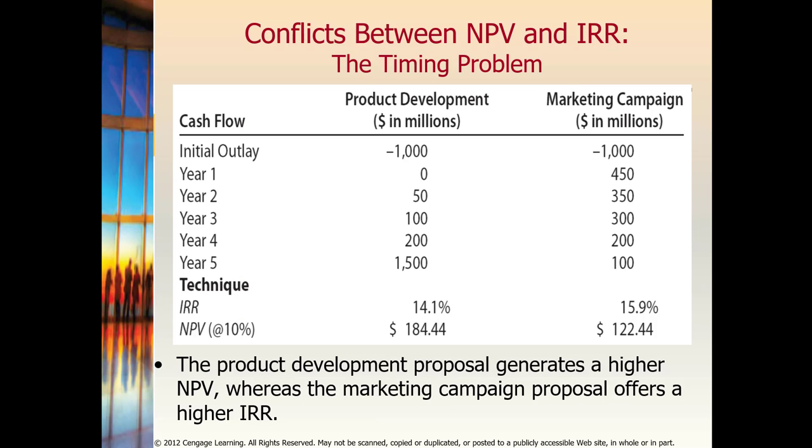In this slide, we'll show you another example. So there are two projects. You can see the initial investment is 1,000 million. For this first proposal, the cash flow did not come in until the second year, and the cash inflow gradually increased. You can see in year 5, the cash inflow is $1,500 million. So there's a timing issue because this project did not create value or cash flow right away.